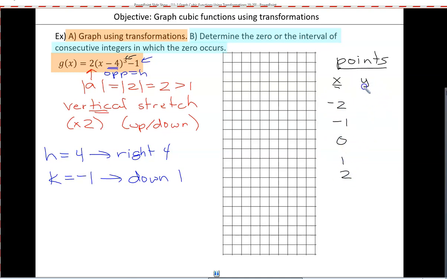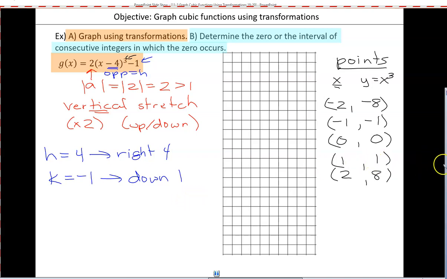And their y values, which are the cubes of those. So -2 cubed is -8. -1 cubed is -1. 0 cubed is 0. 1 cubed is 1. 2 cubed is 8. These are the 5 points we always transform for these problems where we're graphing a cubic function.